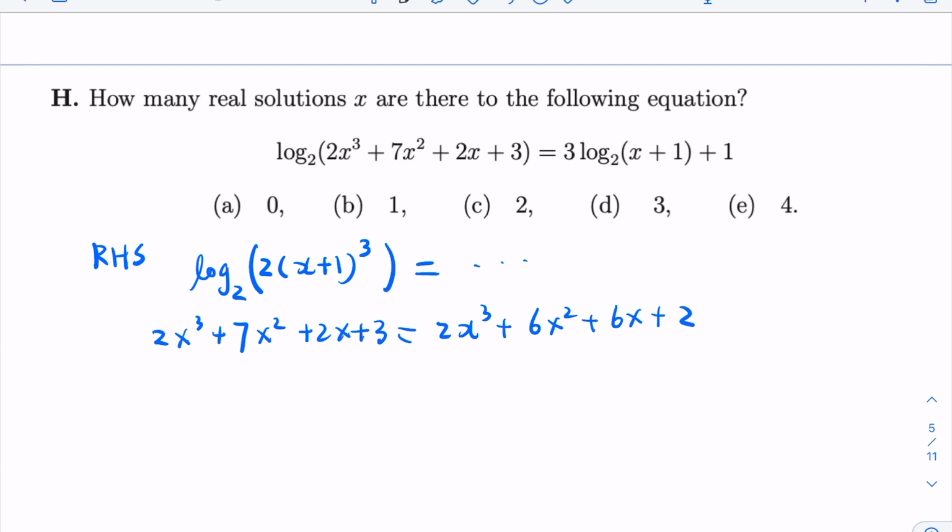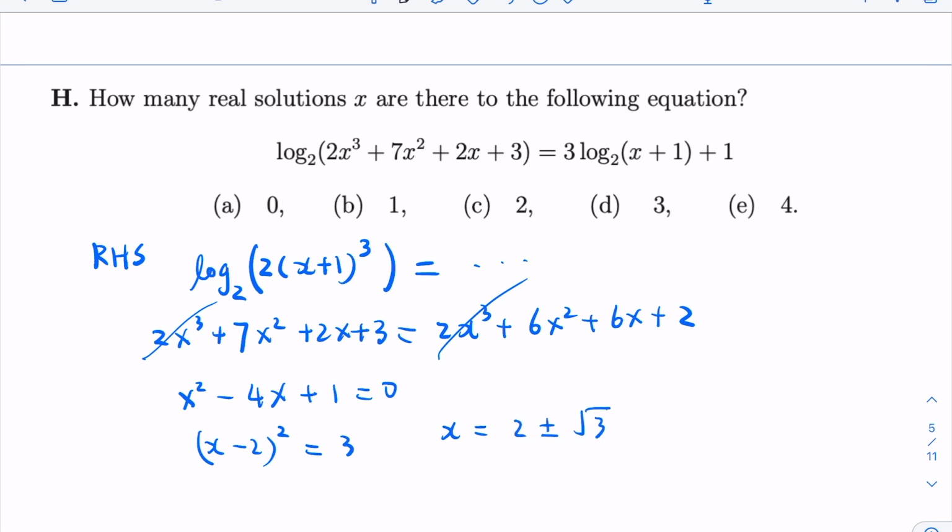And this term would cancel, and then it becomes a quadratic equation, that is x squared minus 4x plus 1 equals 0. Completing the square, x minus 2 squared, plus 1 minus 4, so equals 3. So x will equal 2 plus or minus square root of 3.